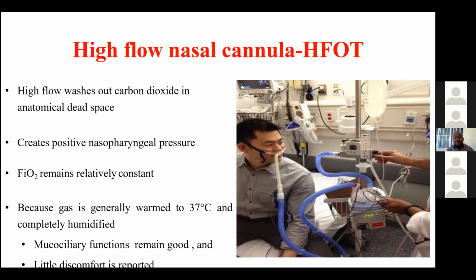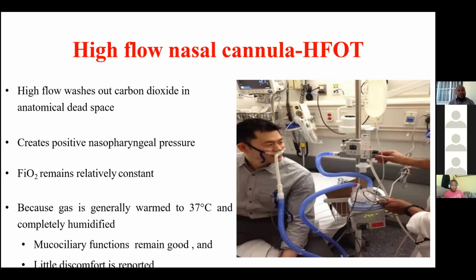I encourage you, if you have it, to use it, because it will help our patients, making them more comfortable than the low flow oxygen delivery devices. When you need to give more than 15 liters on a non-rebreather mask, you should use either the Venturi or this high flow oxygen therapy.